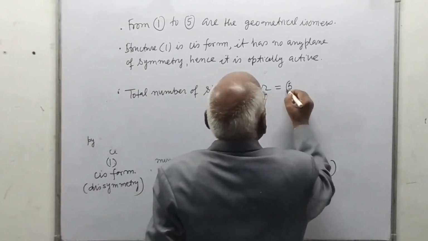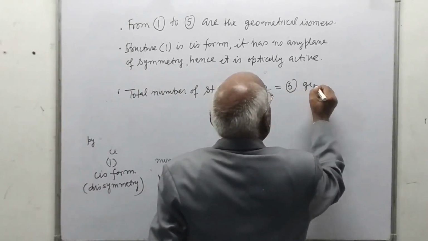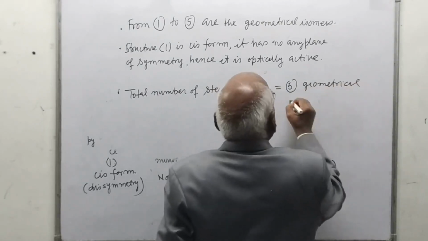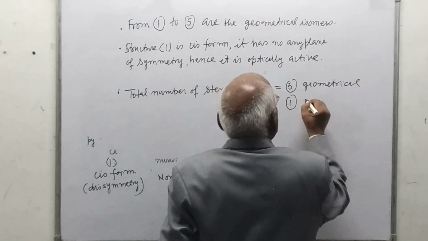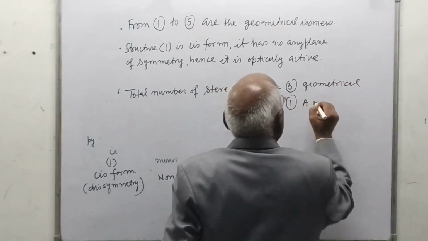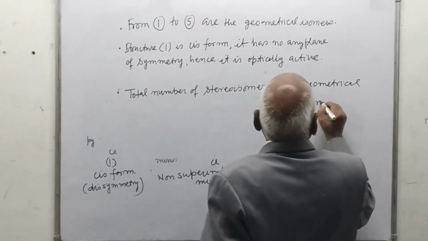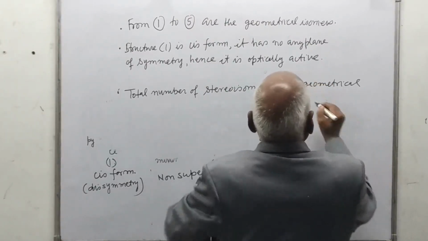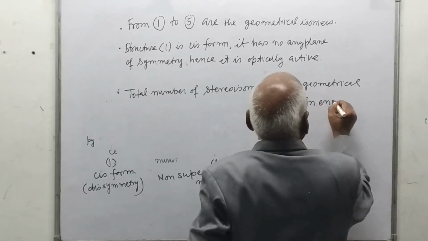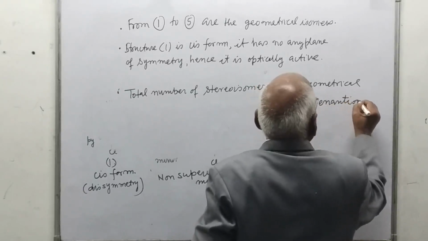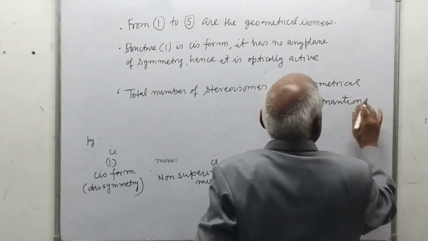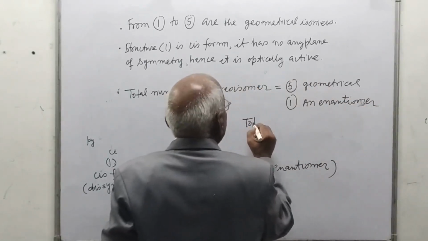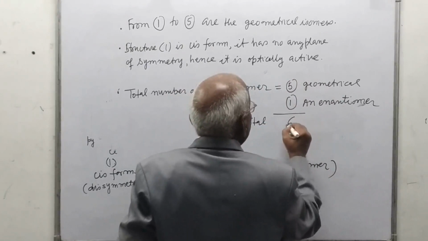So there will be 5 geometrical forms and one pair of enantiomers. How much is the total? It is 6.